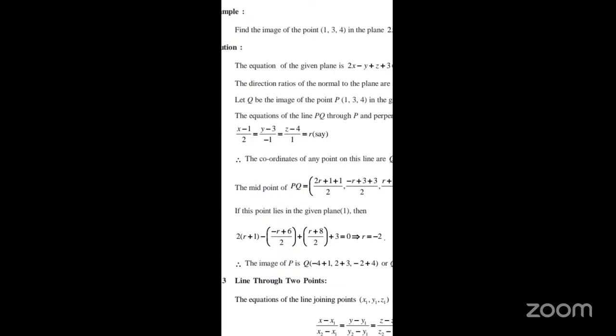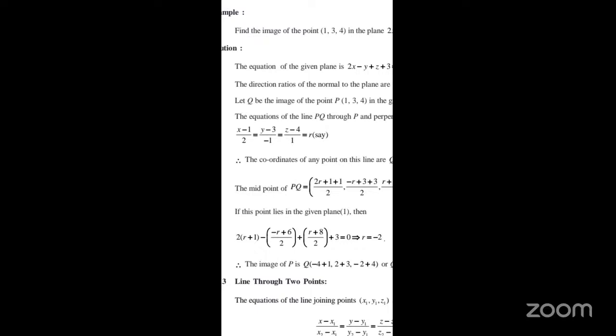So x minus 1 by 2, y minus 3 by minus 1, z minus 4 by 1, the normals of the plane.